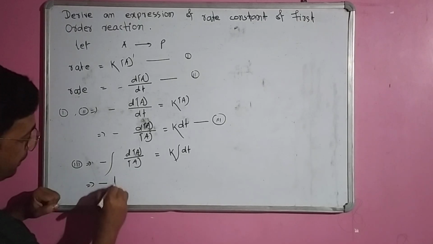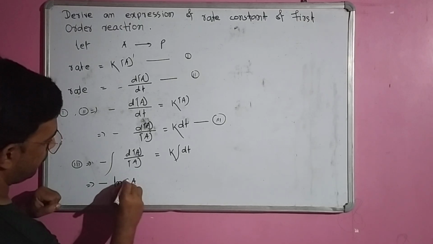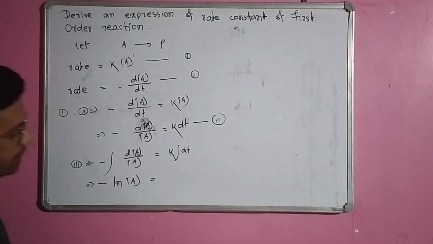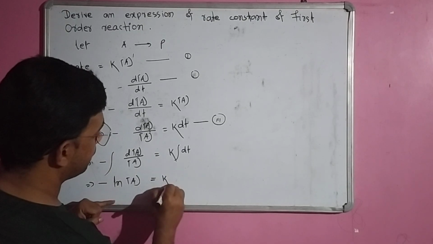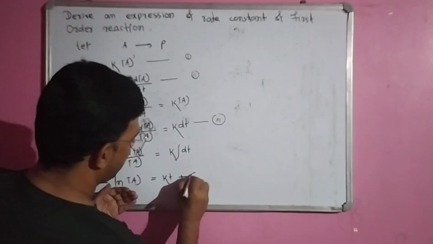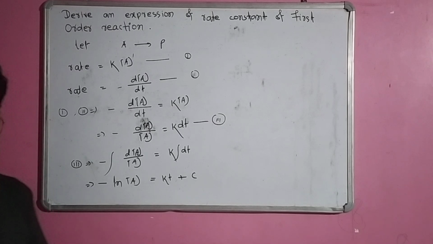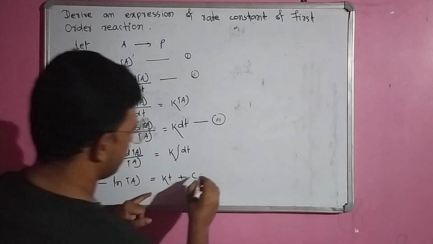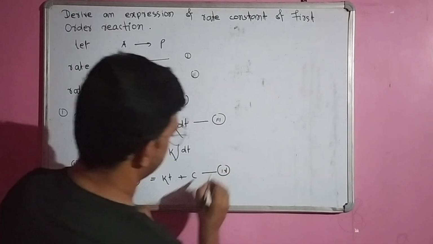The formula will be minus ln concentration of A is equal to Kt. One constant will be added. This is equation number 4.